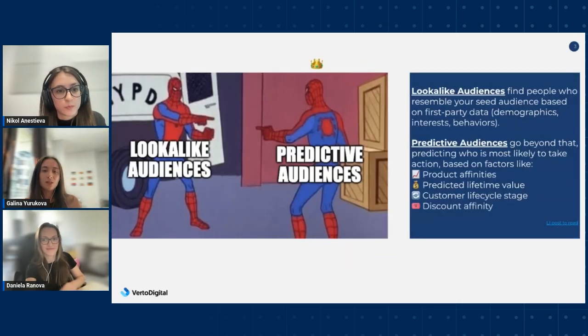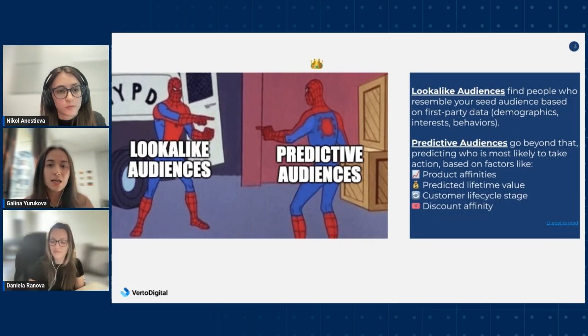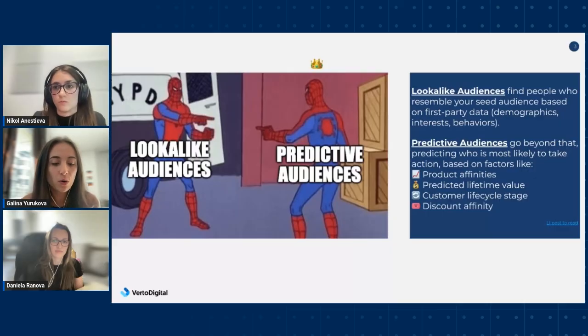Okay, so essentially, previously we had lookalike audiences with which we were able to find a similar audience to a core audience which we already had. So first-party data audience which we already had, we were able to find similar people to those in our first-party audience.